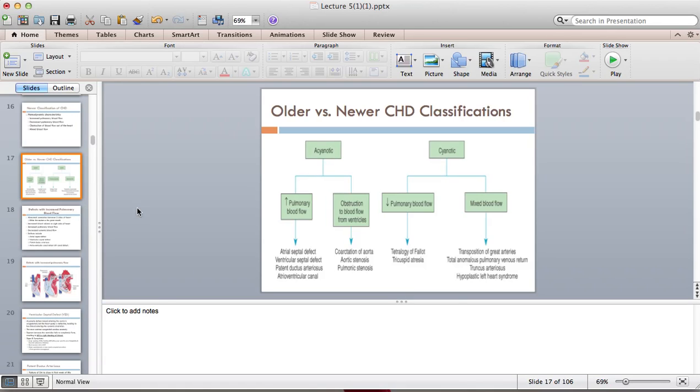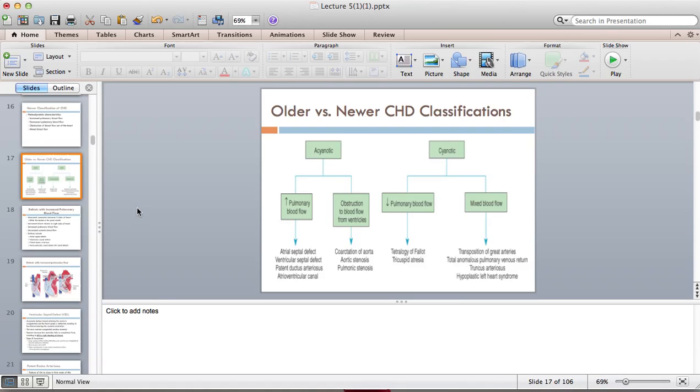One common one that we all should know will be coarctation of the aorta, where there is a kink on the arch of the aorta. That kind of slows down blood getting into the systemic circulation.